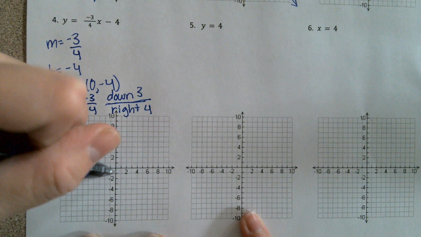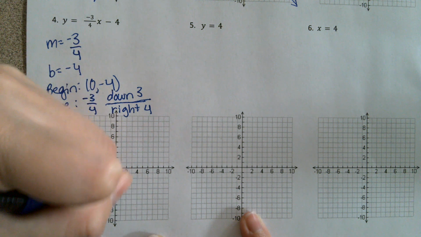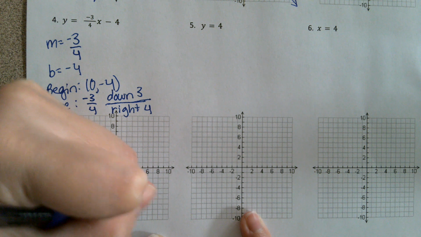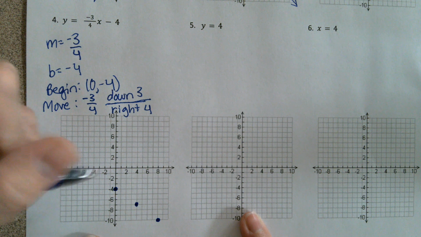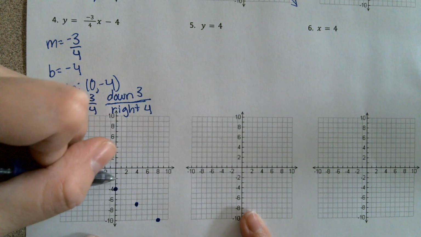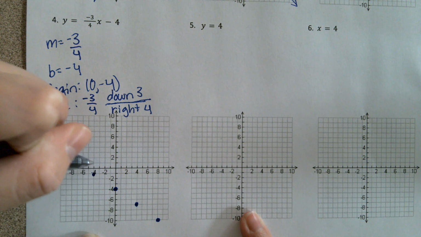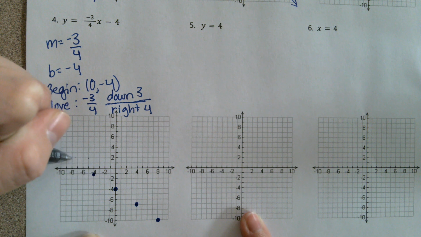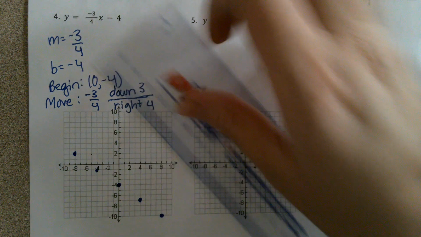So we begin at 0, -4, and then down 3, right 4. And then again, to get some other points, I'm going to go backwards. So I go up 3 and left 4. And then we graph.